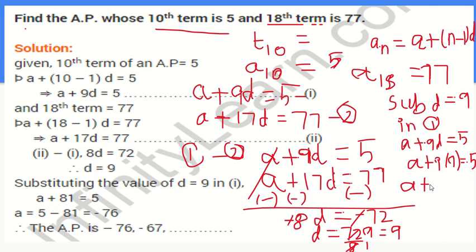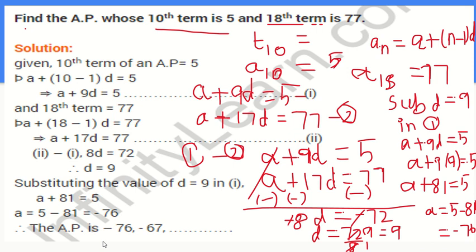A plus 81, A plus 81 equal to 5. To find the A, what will we do? We'll take 81 to the other side. It's nothing but 5 minus 81. How much will you get? It is minus 76. Right? 5 minus 81 is minus 76.